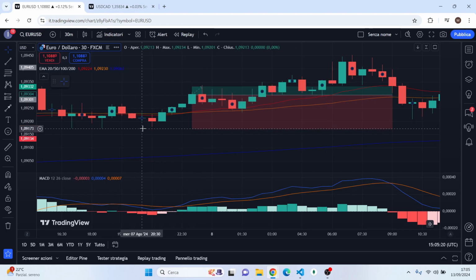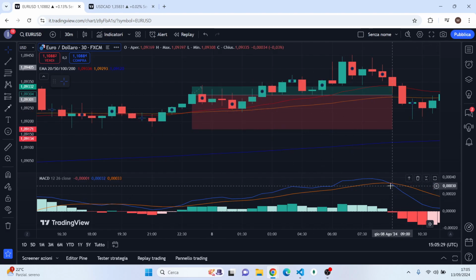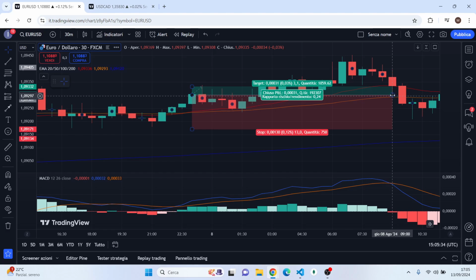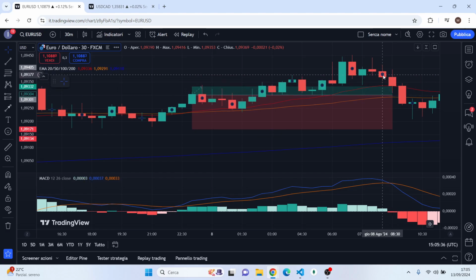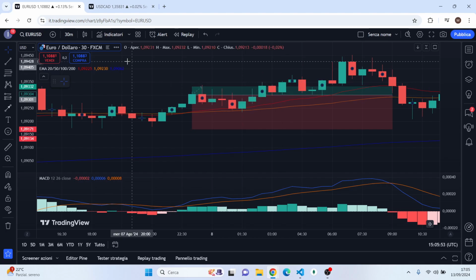Like here, as you can see, here the last swing low, and then you have to exit if you hit the stop loss or the MACD cross, the blue line crosses below the red line, and here it happens. So you will exit on this candle close. It was still a success, a small success, one R out of 5 of a normal success.